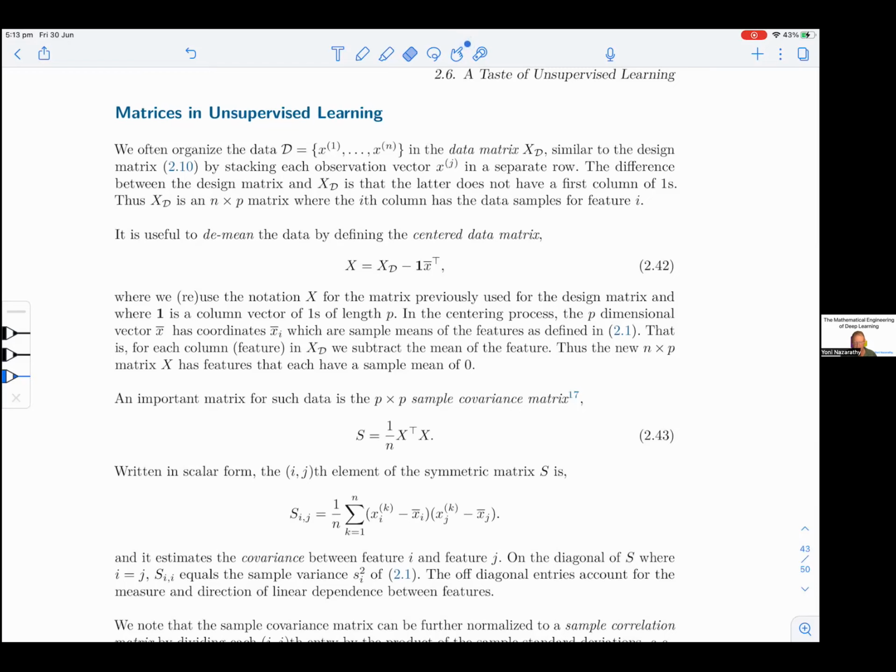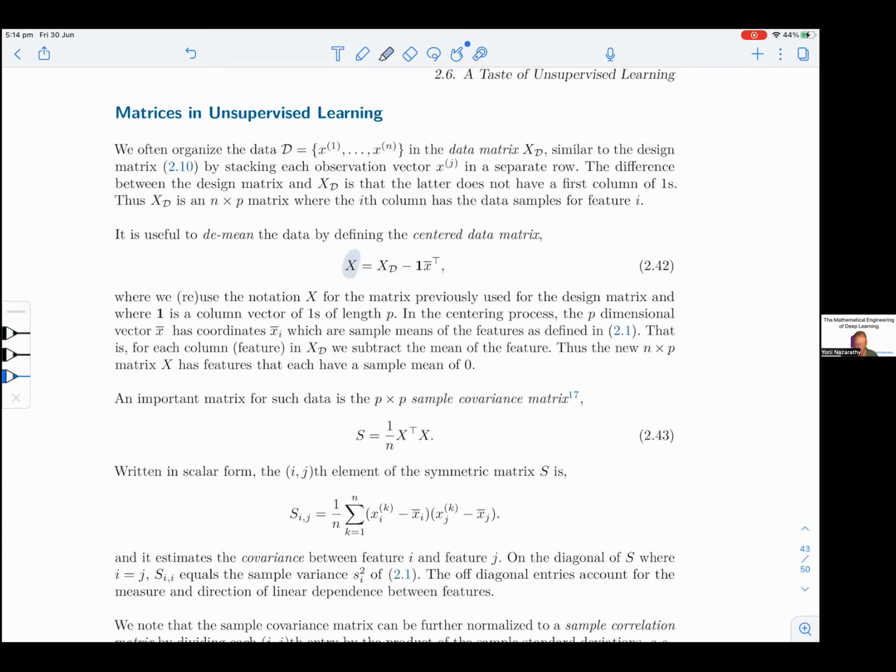So now we take XD and subtract from it 1 times X bar transpose, where we reuse the notation X for the matrix previously used for the design matrix. This is a centered matrix, but not a design matrix; the notation is just reused. And 1 is a column vector of ones of length p.